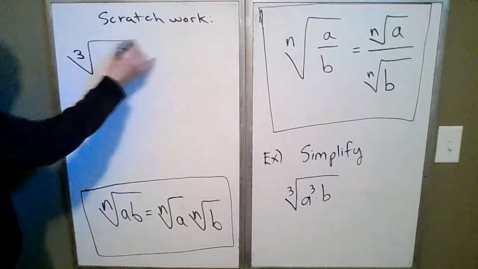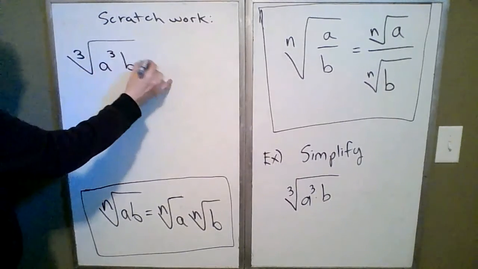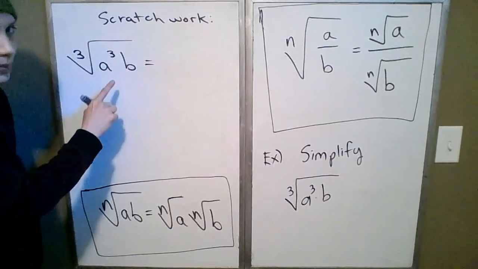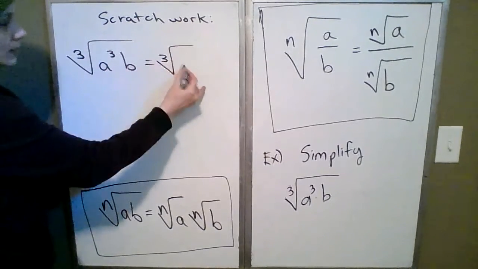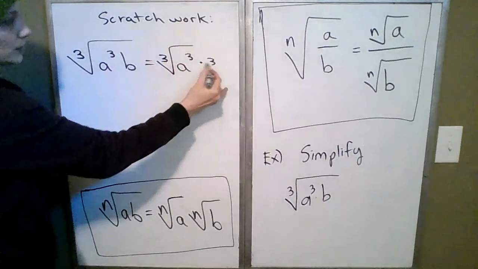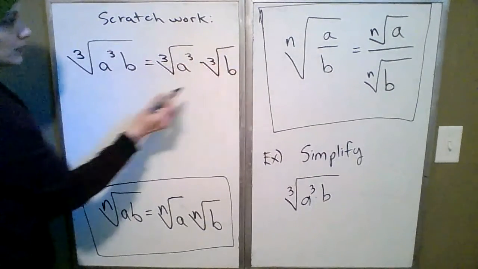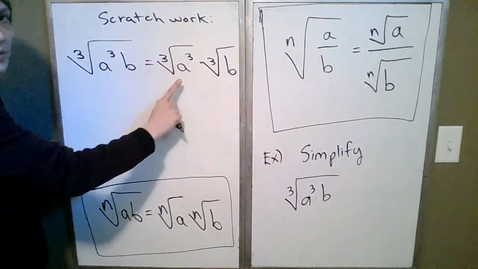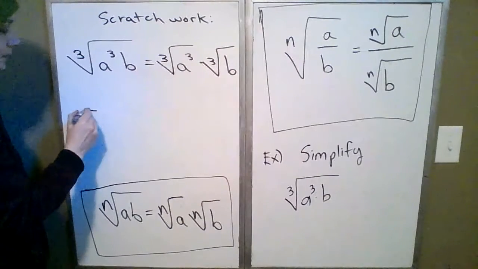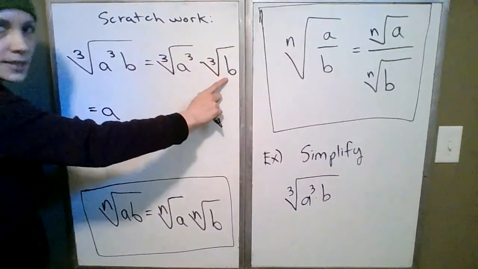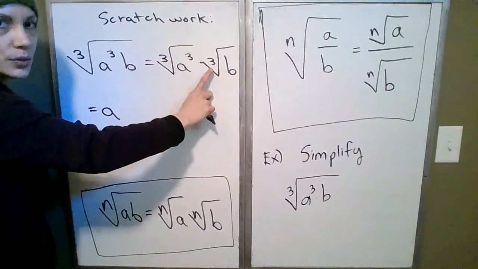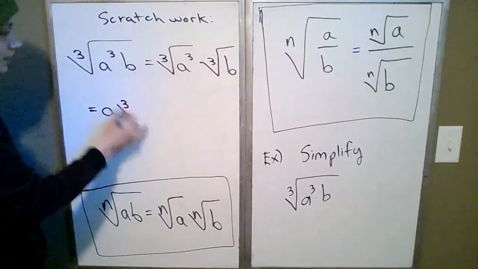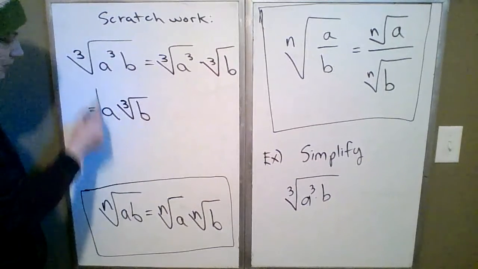Here's a cubed root of a cubed b, which I can break apart as a cubed root of a cubed multiplied with the cubed root of b. The first part, the exponent and root match. So what's left over here is a. But here, since the exponent is less than the root, this is as simplified as it can get. So just copy down this cube root of b. And that's as good as it gets.